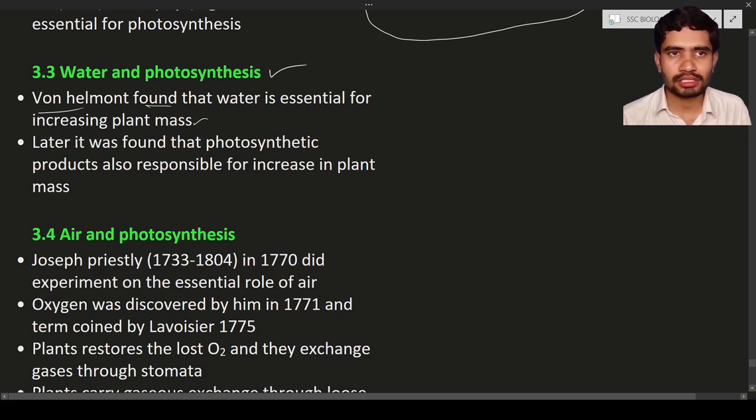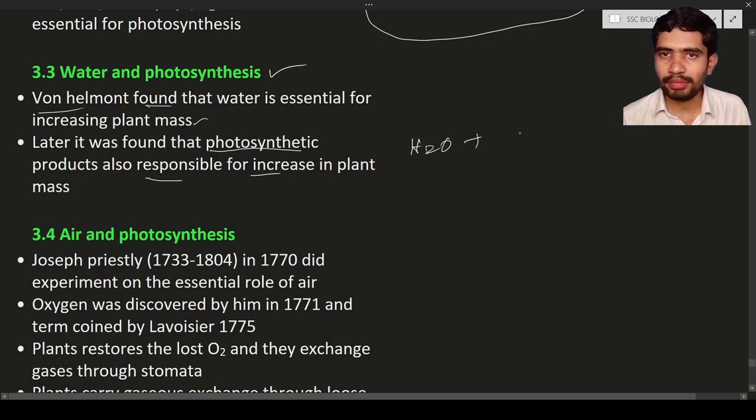But up to some extent Van Helmont is correct. Why? Because in those olden days they did not know much about the photosynthetic process, but later human beings found that the photosynthetic products are also responsible for increasing plant mass. So what is that?